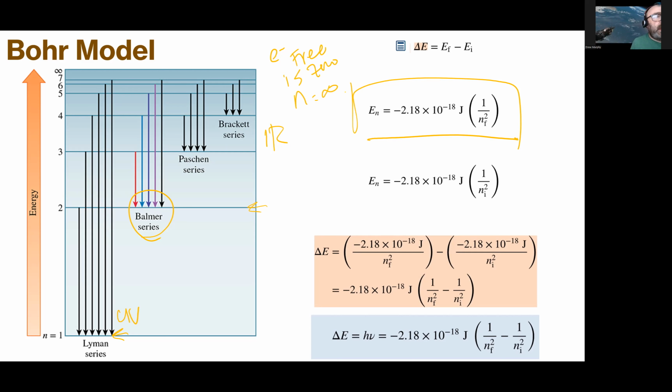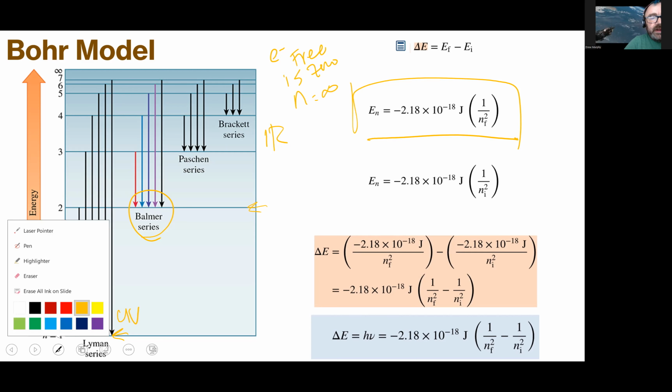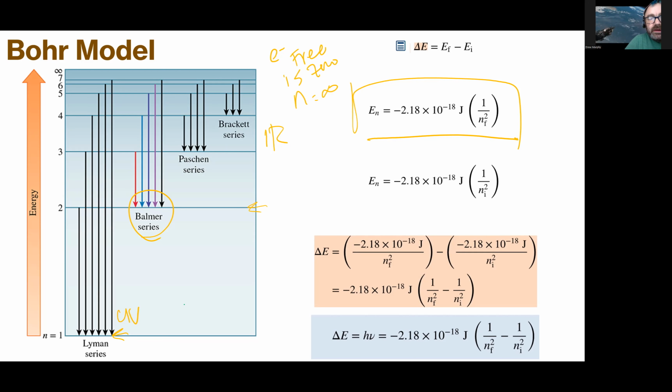Okay, and it's the most negative at the ground state, and we're defining the ground state here as n equals 1. We're going to use this term a lot, ground state. Okay, ground state is the most stable, right? The lowest energy, right?